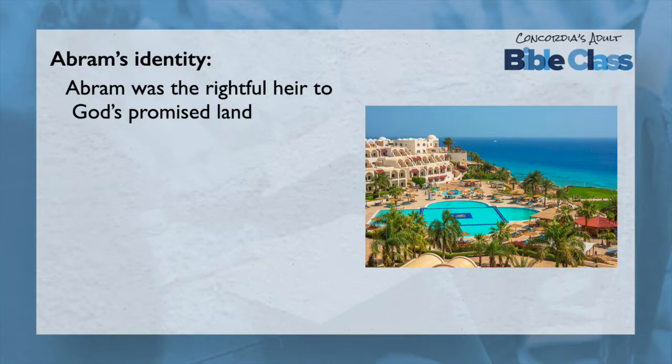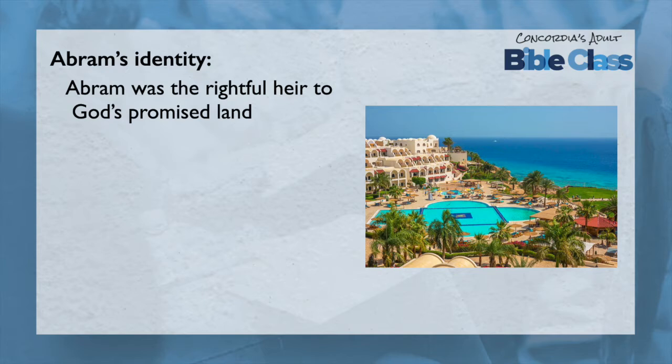I've been highlighting along the way, whose land is this, really? It's Abram's land. Lot was never given a promise of a land. He's just fortunate enough to be tagging along with Abram. Abram was the rightful heir to God's promised land. That's the first thing to really remember.